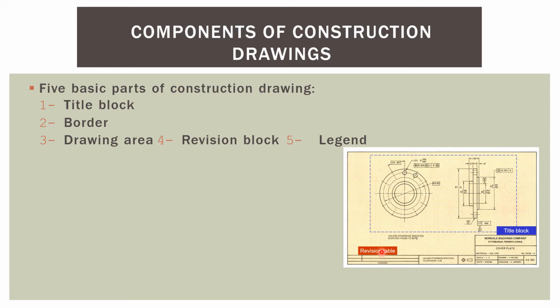For example, when the drawing goes into the field, and due to some changes on the site or some locality issues, there needs to be a revision in the drawing. For that purpose, a revision table is present. For example, first revision, second revision, third revision, like that. Legend is used for labeling.